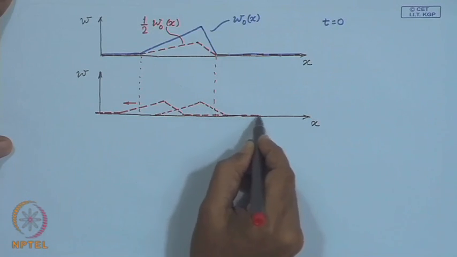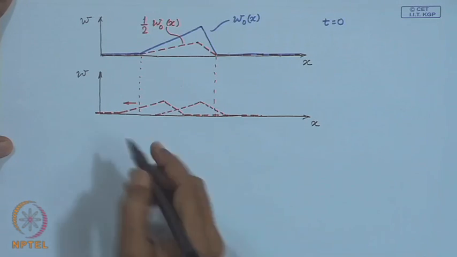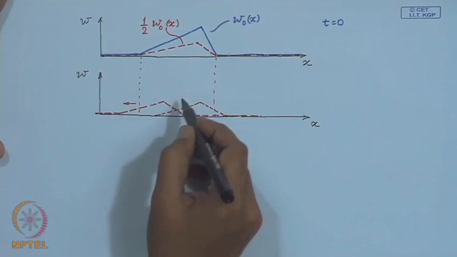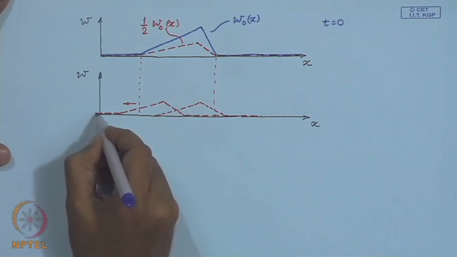So the net displacement of the string is given by the summation of these two.